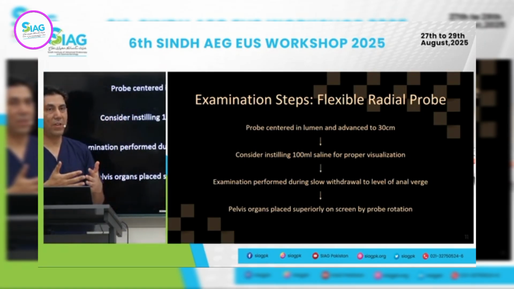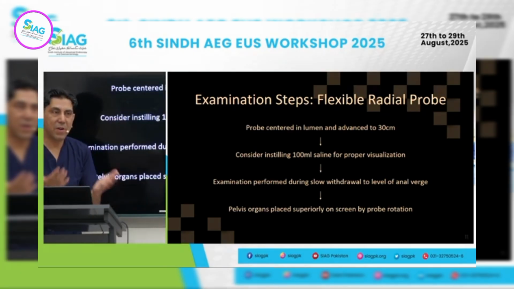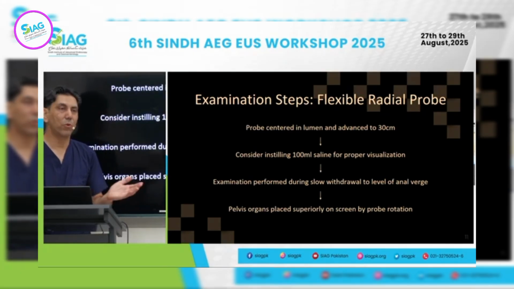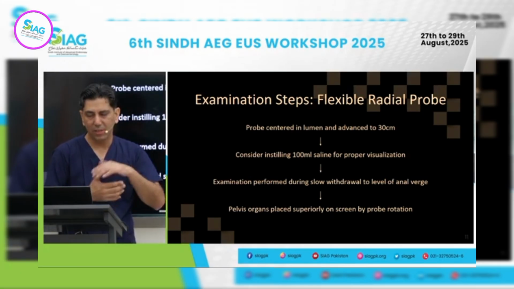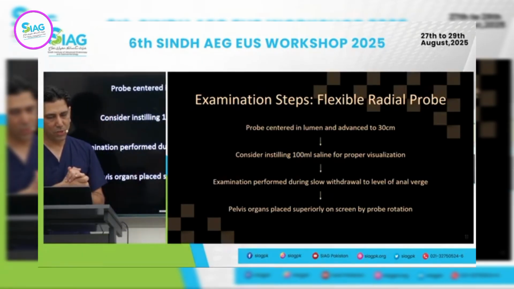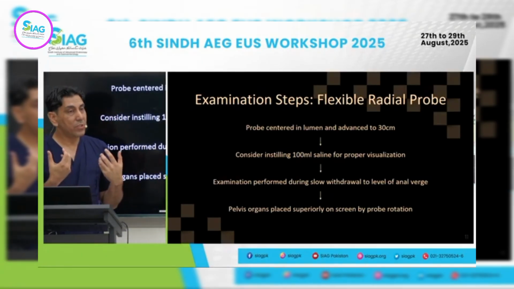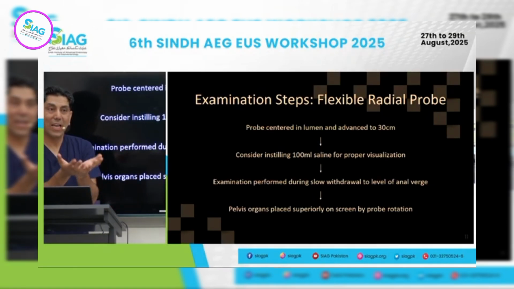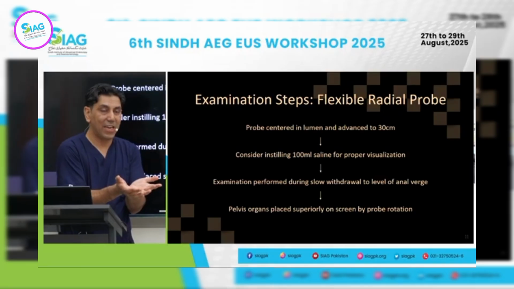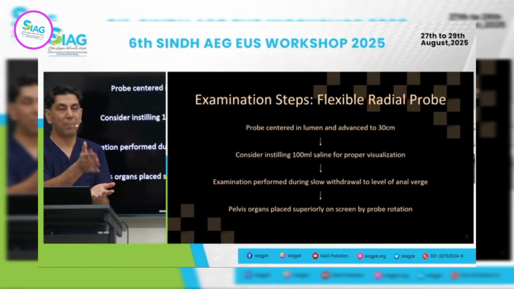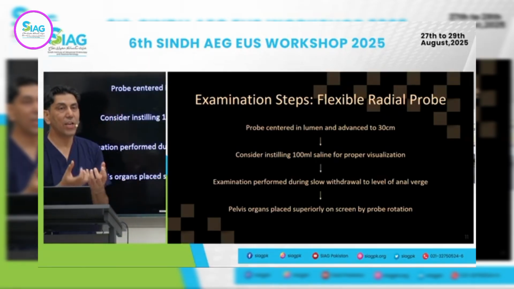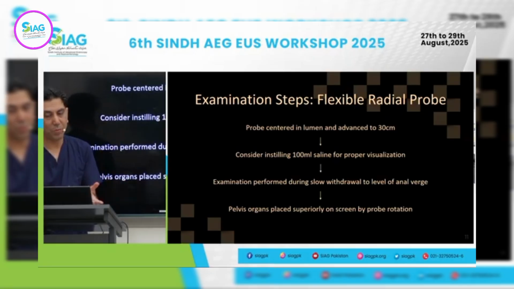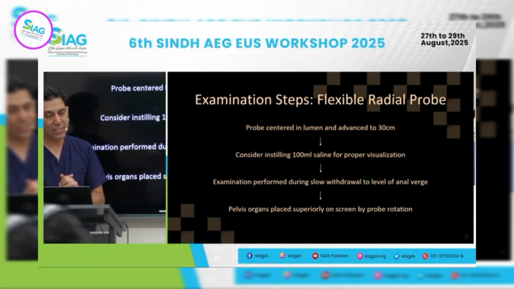Unless this is a patient where we have a suspicion of inflammatory bowel disease, then you can think about going into the sigmoid, but we're not going to be discussing that. We can instill some saline or water to improve your visualization. Air is the enemy, and as we've talked about, it's all about coupling and maintaining good EUS views throughout the scanning.